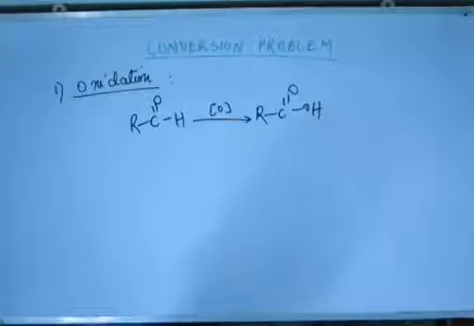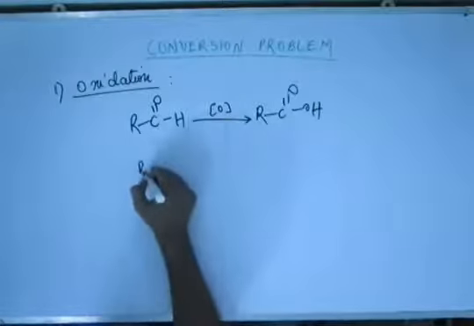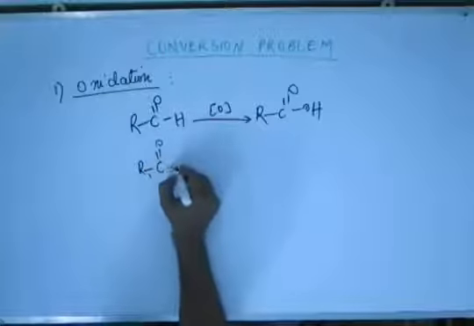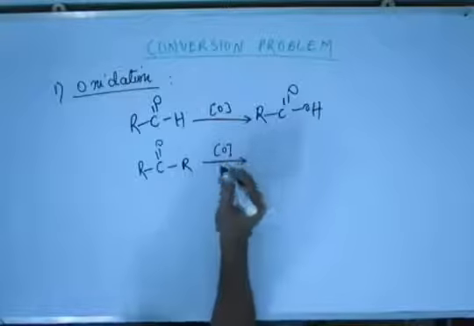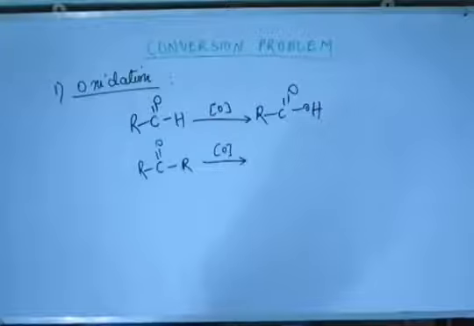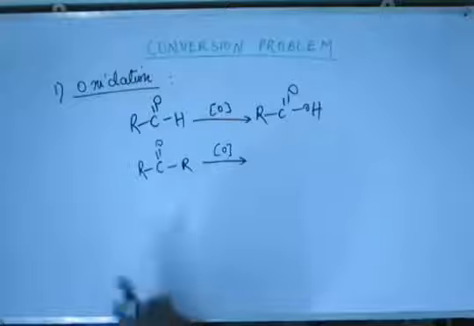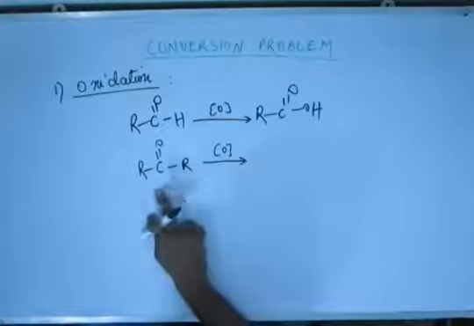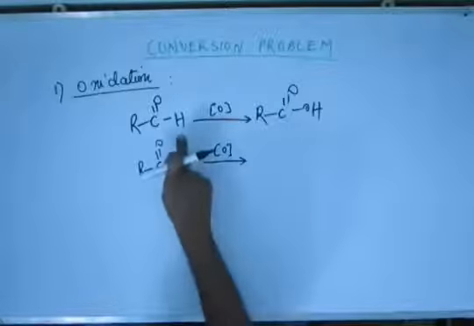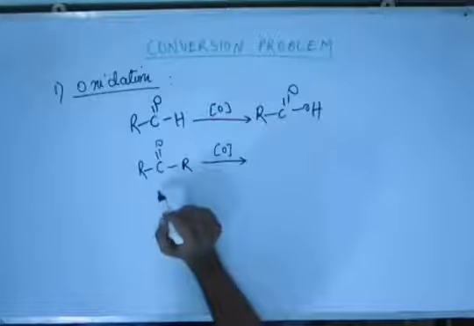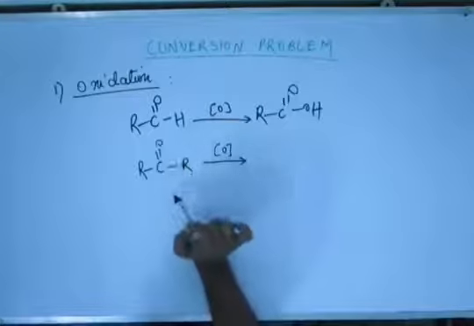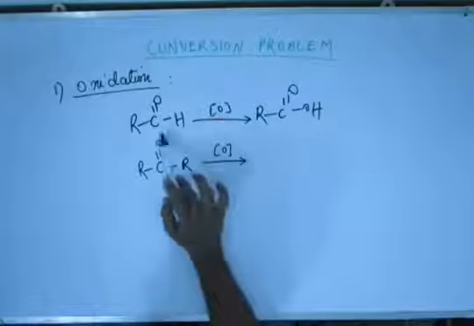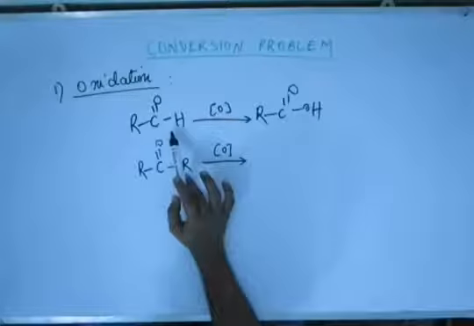Now this insertion of nascent oxygen is not available with ketone with so much robustness and ease, because in ketone you have a bond between carbon and carbon, and carbon is a bigger atom than hydrogen. So the bond between carbon and carbon is stronger than between carbon and hydrogen. So the insertion is more difficult than it is in case of carbon and hydrogen. So this insertion is very easy.